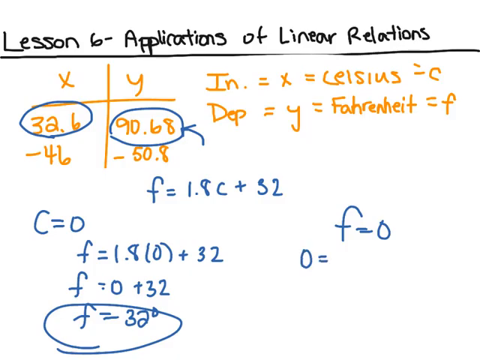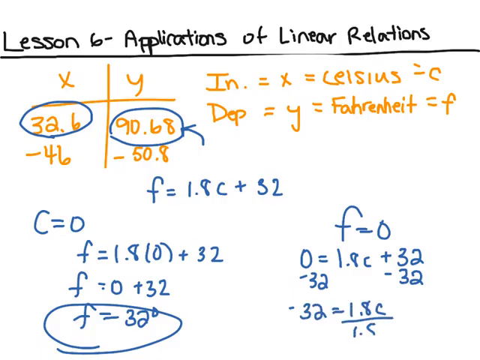Oppositely, we can plug in a 0 for F. Now we solve for C. We minus 32 from both sides. We have negative 32 is equal to 1.8 C, divided by 1.8, and we get negative 17.8 degrees Celsius. So when it's 0 Fahrenheit, it's negative 17.8 degrees Celsius.